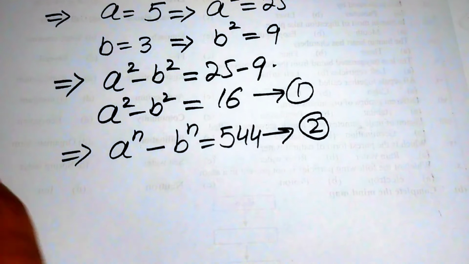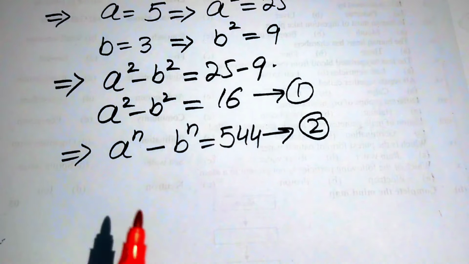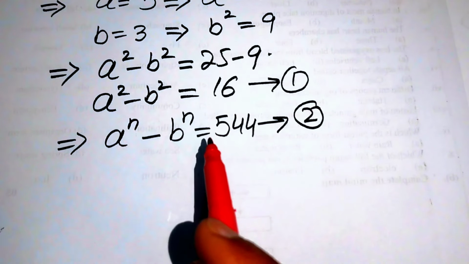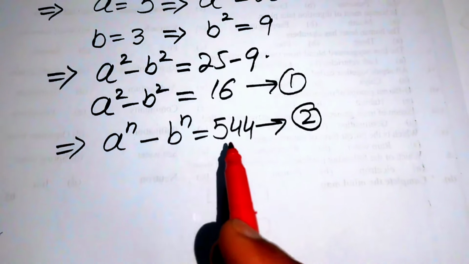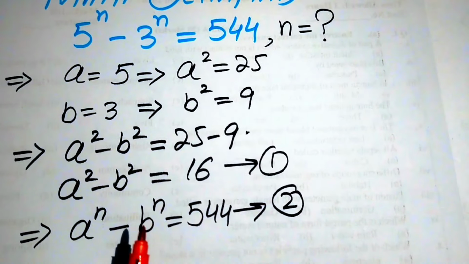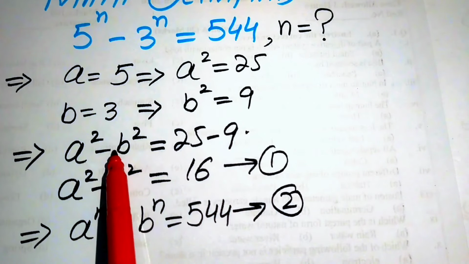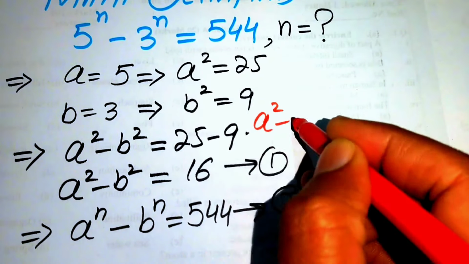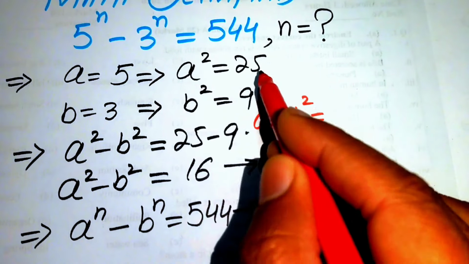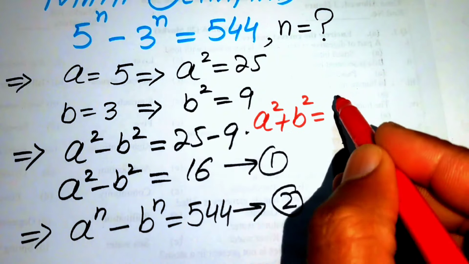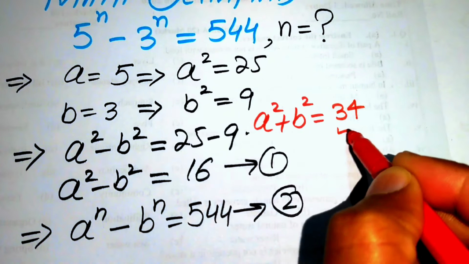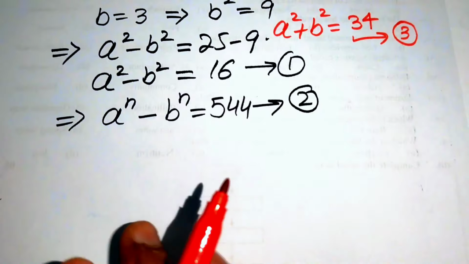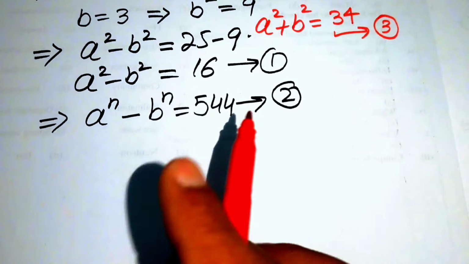Before moving to the right hand side, we take another step: when we subtract a square and b square we get 16, and similarly when we add a square plus b square, it equals 25 plus 9, which is 34. We call this equation number 3.